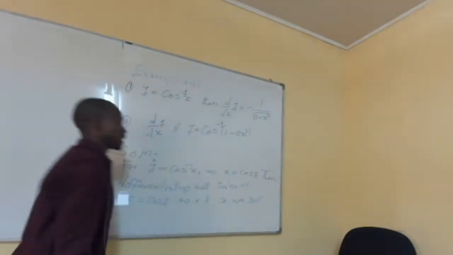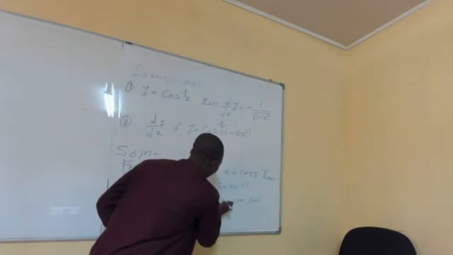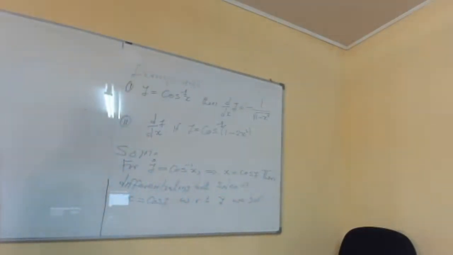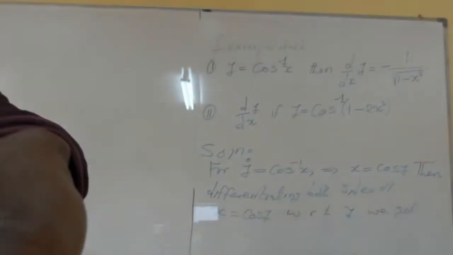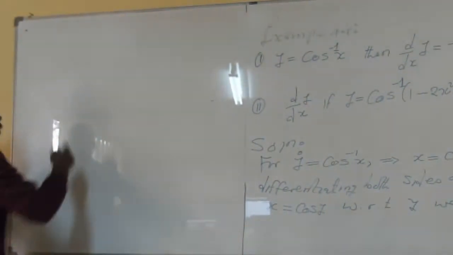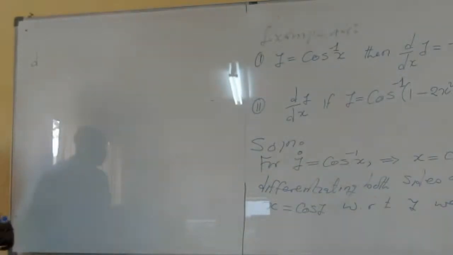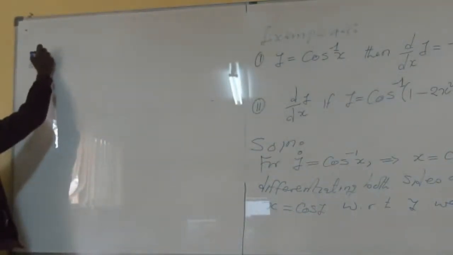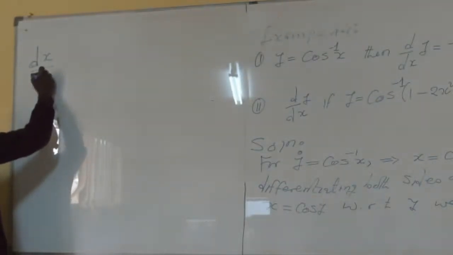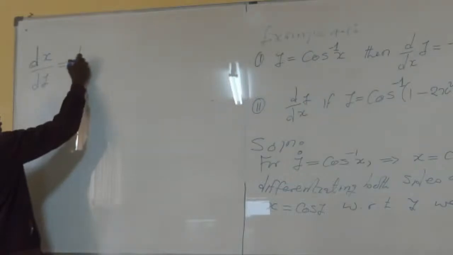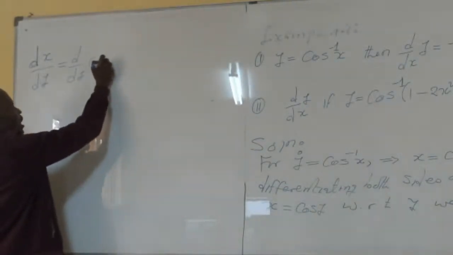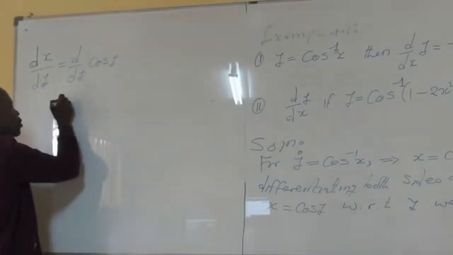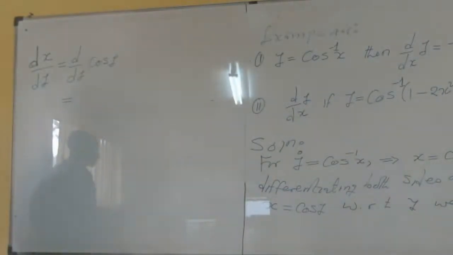We are going to have the derivative of x with respect to y, which is equal to the derivative of the cosine of y with respect to y. Now, the derivative of cos y is equal to what?